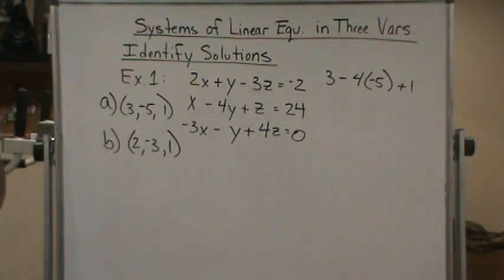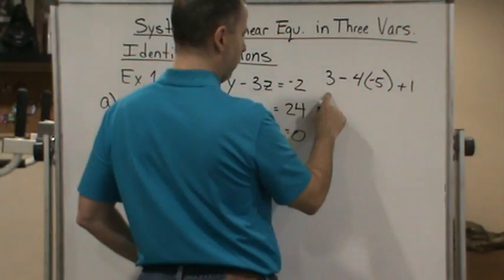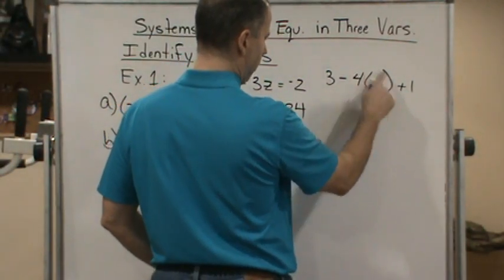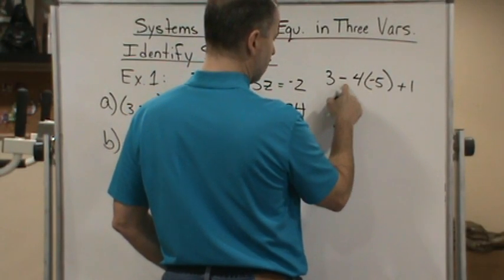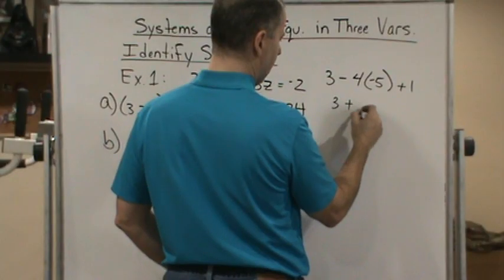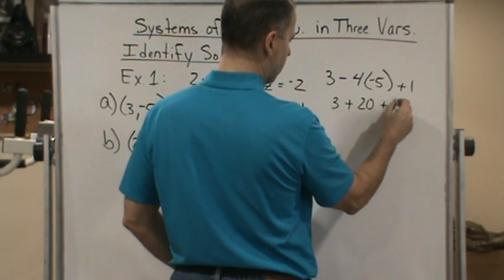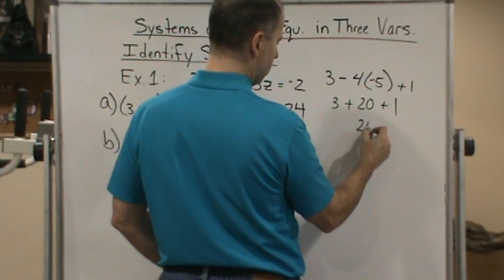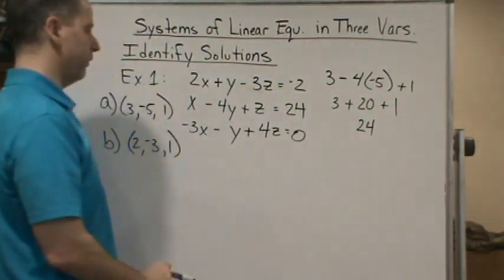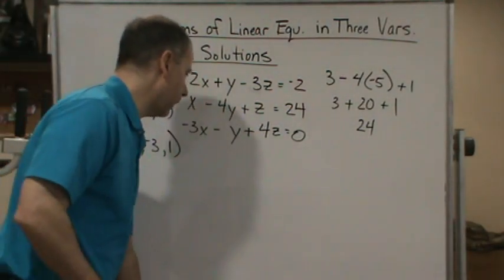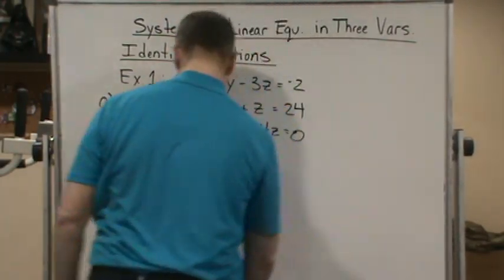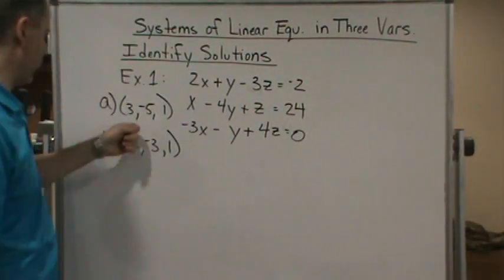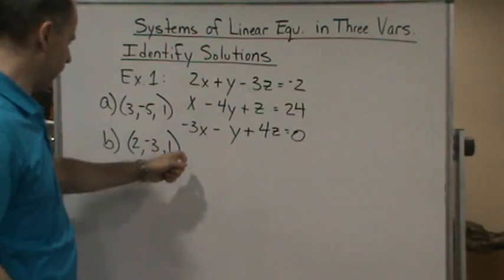We want to do the multiplication first, so it'll be 3, and then this is going to be plus 20 plus 1, which adds up to 24. So we get 24 equals 24. All right, so far so good. Now we have to go on to the third one, and if it works for the third one, then we've got a solution. If it doesn't, then we don't.